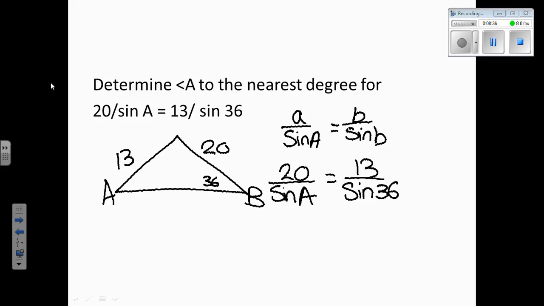Okay, to make this a little bit easier so that I don't have to do all the cross multiplying, I'm going to flip the two fractions. Because remember, in order to get rid of the sine A, we would have to times that one because we can't get at the top number right away. So we're going to flip the fraction to make it easier.